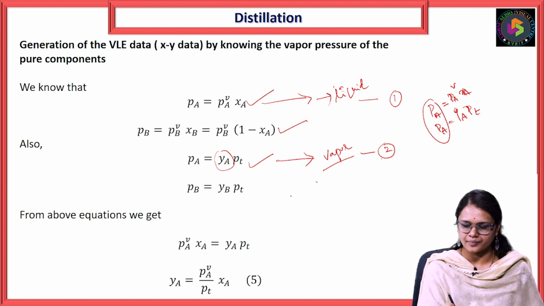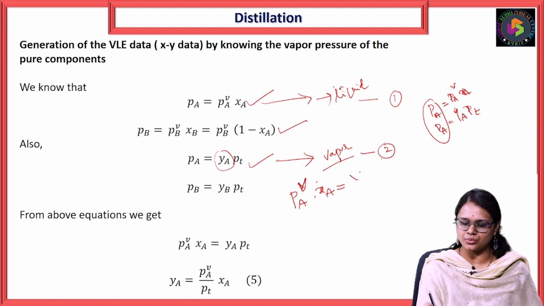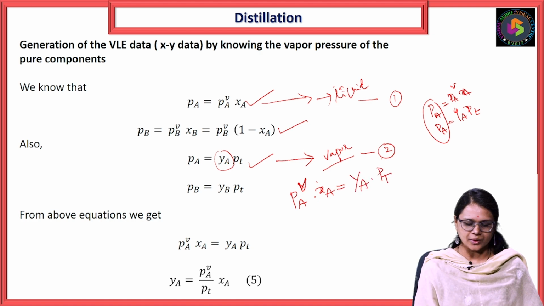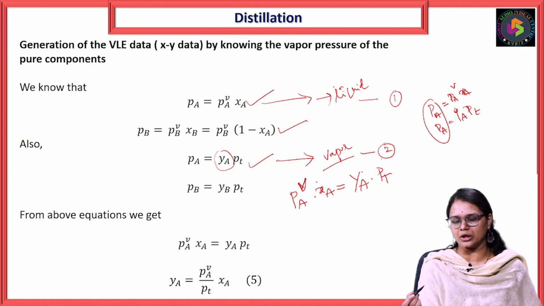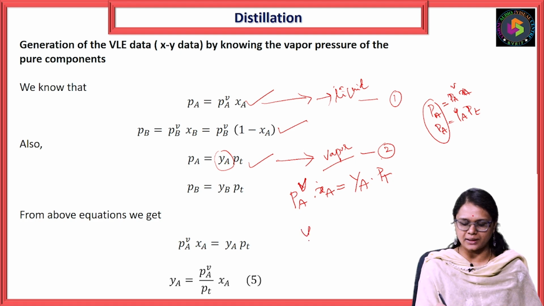So I'll have PAV into XA is equal to YA into PT. So from here, depending on your unknown, whether you want to know XA or YA, you can go with it. For example, if I don't know YA, I can calculate it as PAV XA by PT.